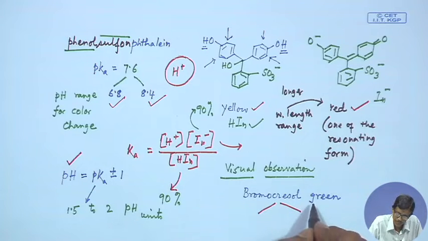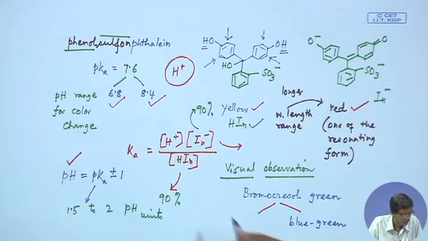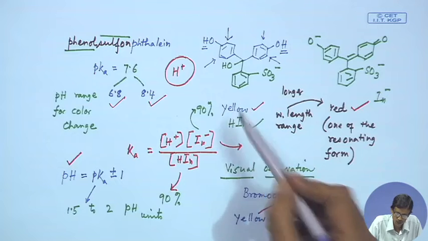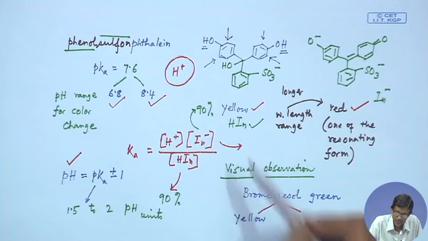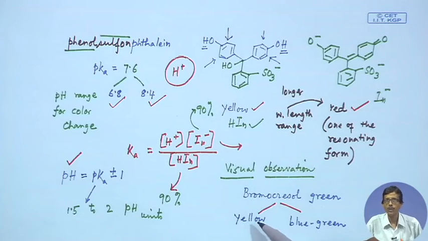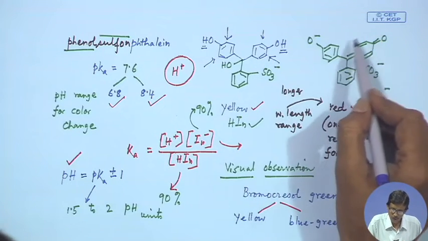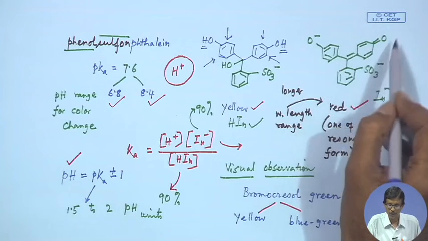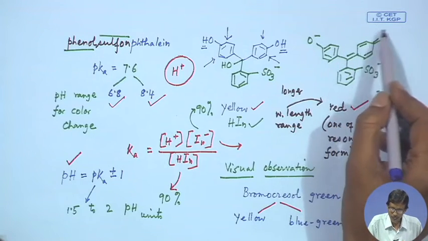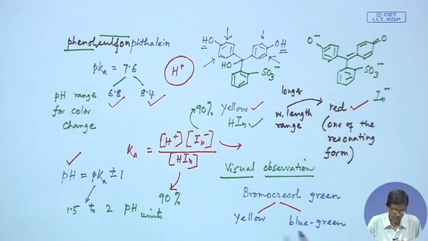The green itself tells us that you can have a color which is blue green and another one which is similar to that of the previous molecule, which is yellow. So, the HIn color for bromocresol green will also be yellow, but the corresponding anionic form, that means the form which is giving you the extended conjugation, that means your energy values are changing in that particular way, is blue green in color.